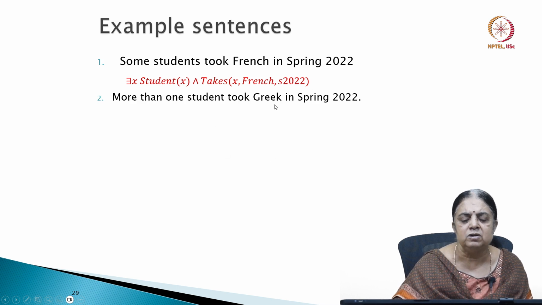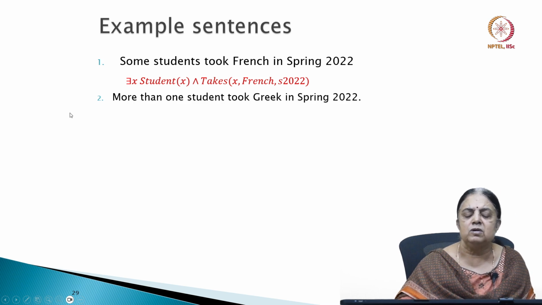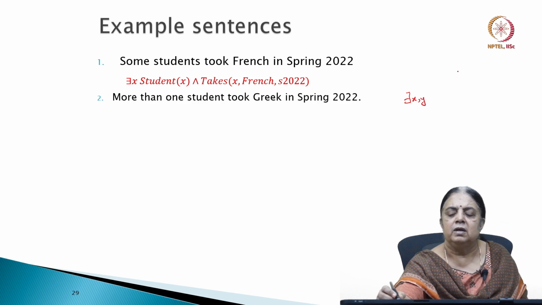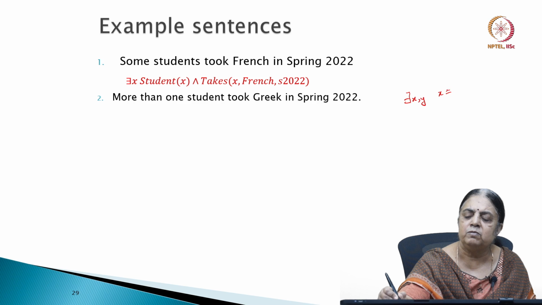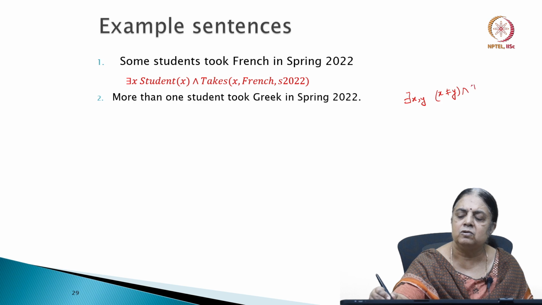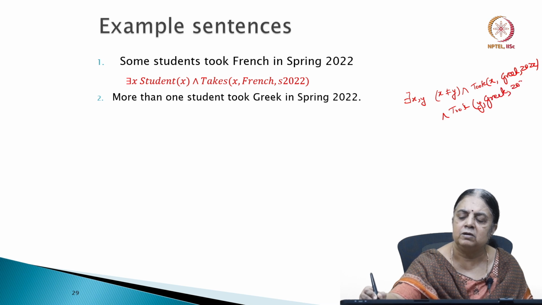More than one student took Greek in spring 2022. How would we represent this? We would represent it like at least two students, X and Y. So, there exists some X and Y, and you can say X not equal to Y, and took X Greek in 2022 and took Y Greek in 2022.